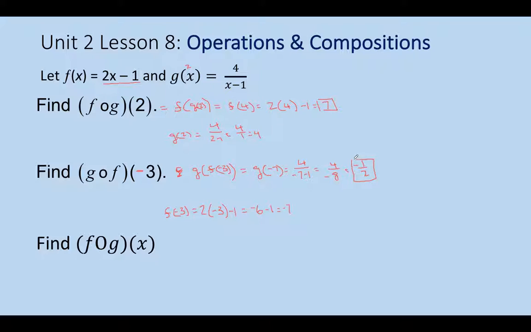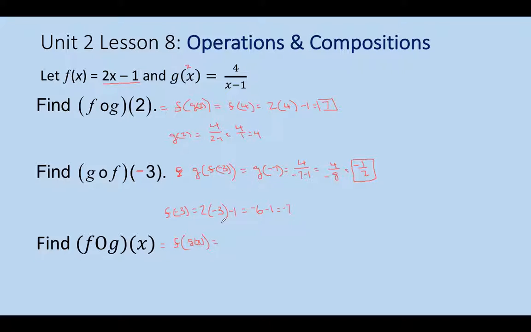So you can see that f of g of x is different than g of f of x, or at least the process is going to be different. The last one, you've got an occasion where you don't have a number, you just keep the variable. So f of g of x.